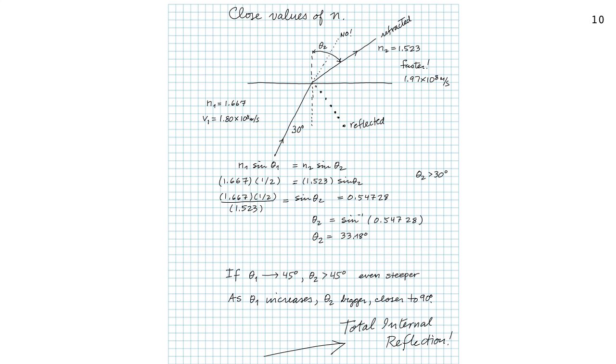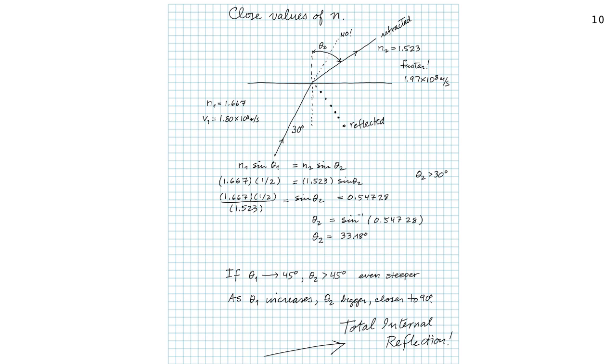If there was no such thing as refraction, this is where it would go. But we know it doesn't go that way. So it's going to refract. It's going to refract away from that normal line, to the left or to the right. It's going to get steeper or it's going to get less steep on the way out.